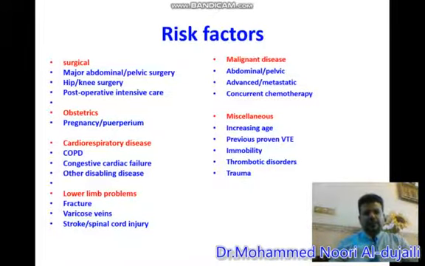The most important are surgical causes: major abdominal or pelvic surgery, hip and knee replacement surgery, and also those who need post-operative intensive care unit, obstetric, pregnancy, and puerperium, and cardiorespiratory, lower limb, malignant disease, and also miscellaneous, including previous proven venous thromboembolism, immobility, inherited thrombotic disorder, trauma, etc.